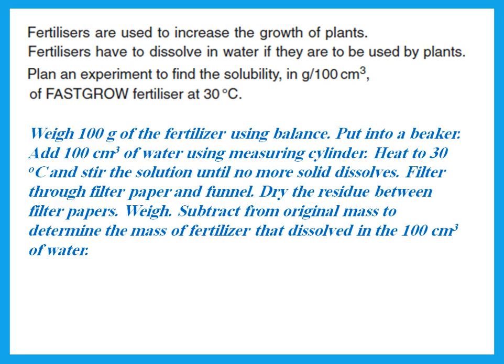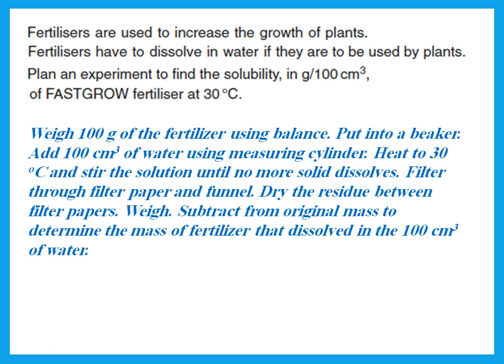Weigh a specific amount of the fertilizer. So we're going to weigh, for example, excess 100 grams of fertilizer using balance. Put into a beaker, add 100 centimeter cubed of water using measuring cylinder, heat to 30 degrees Celsius, stir the solution until no more solid dissolves, and then filter.